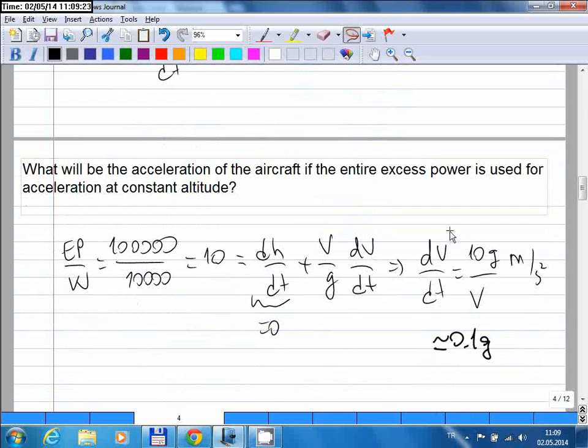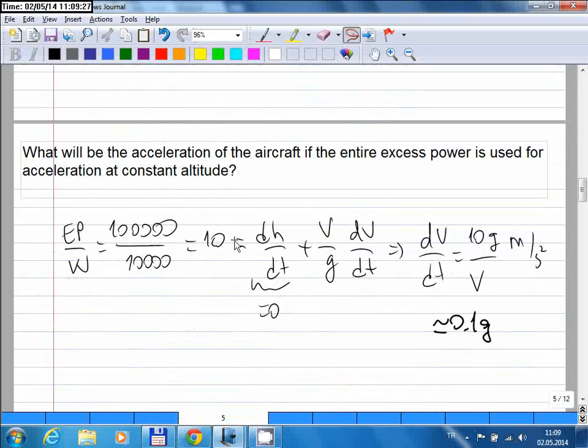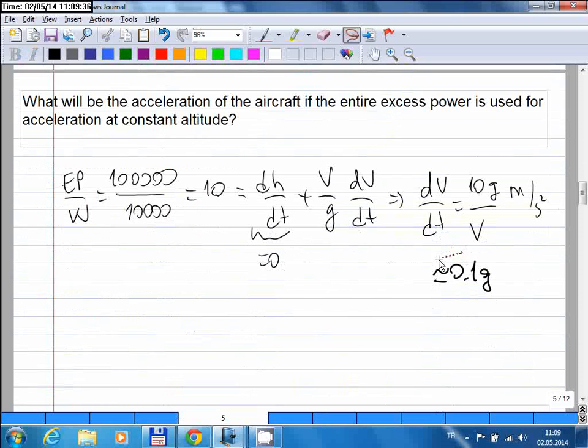This is 0. And then we find out that the acceleration is given by 10 times g over v, and since v was 100, the acceleration is going to be 0.1 g. So the same aircraft, the same excess power, but this time instead of climbing, the pilot uses that for acceleration.